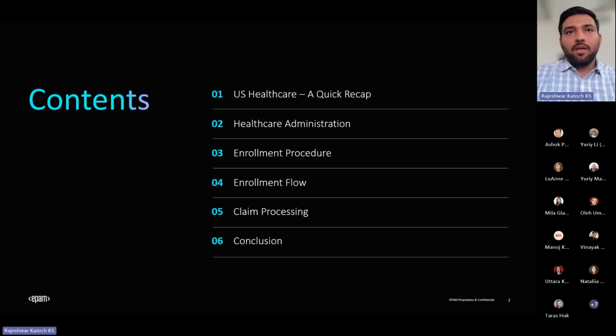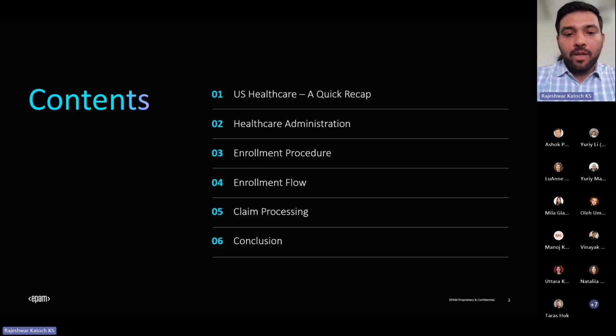Yeah, so today we will be looking into a few topics. Just a quick recap on the US healthcare, and going forward, we'll look into what are the areas where the healthcare administration processes are considered in the US. It's common, but I've been specific to the United States.